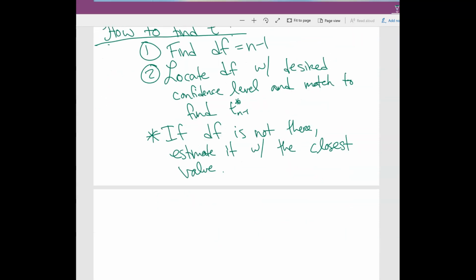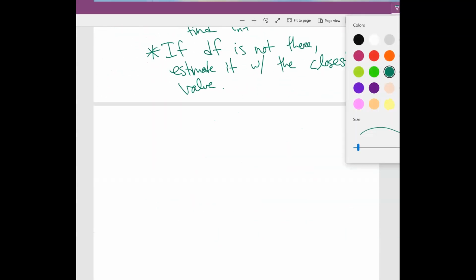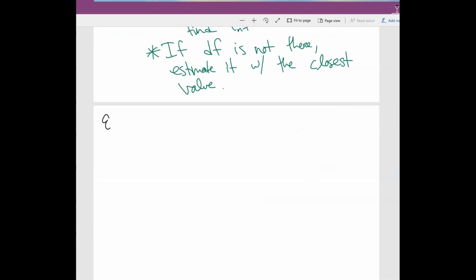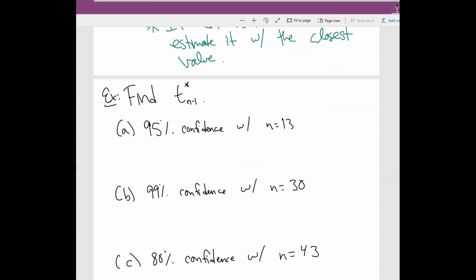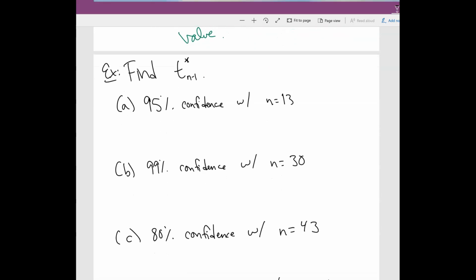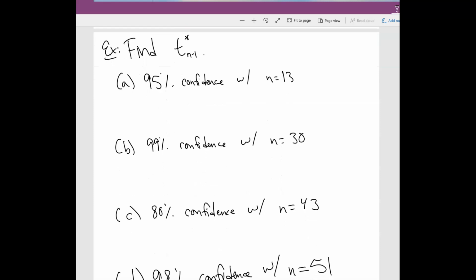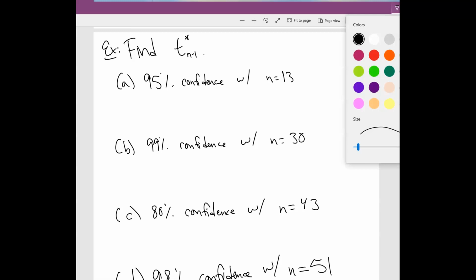Let's do a couple of examples to give us a little gist of what that looks like. Go ahead and write this down if you'd like. We want to find T star n minus 1. Part A: find T star n minus 1 with 95% confidence and n equals 13.